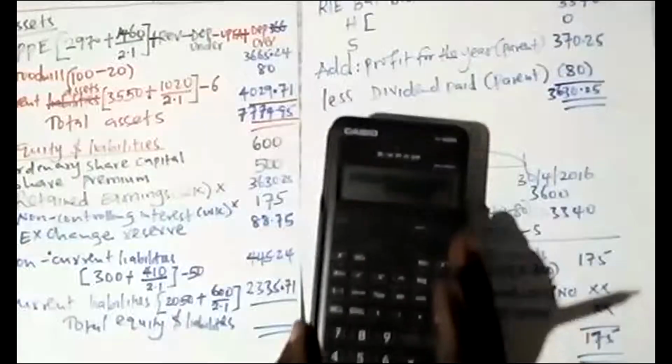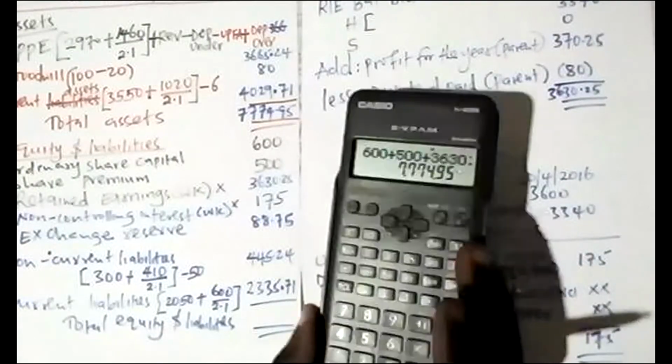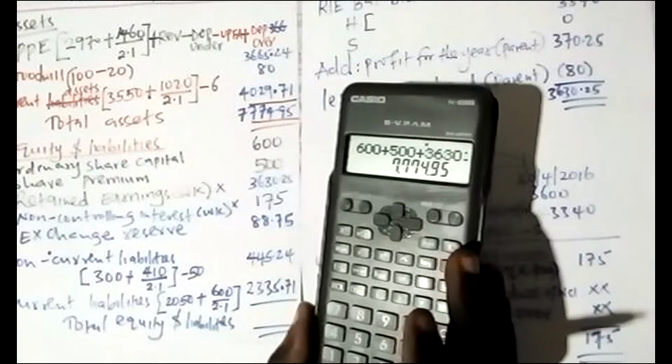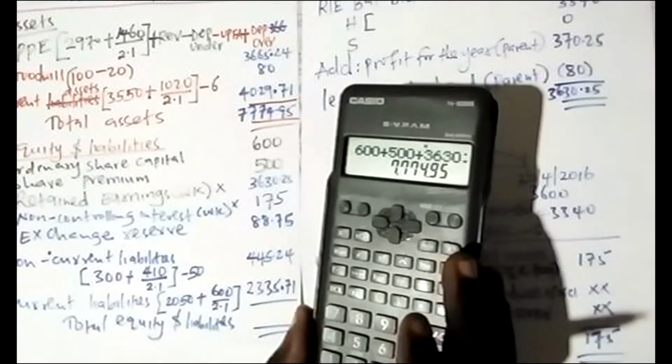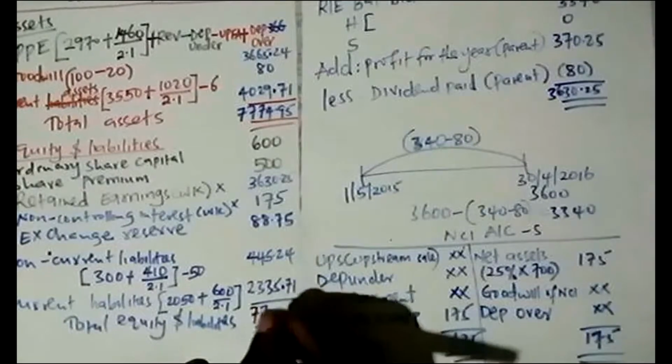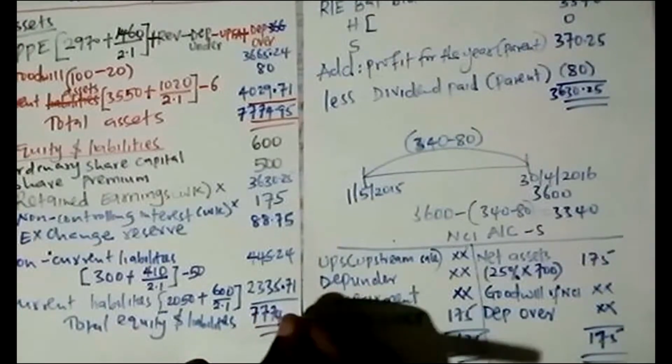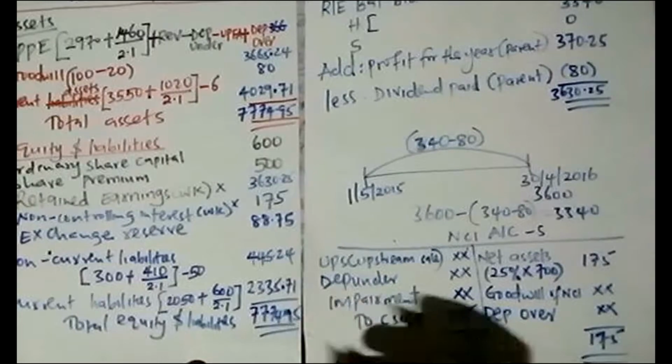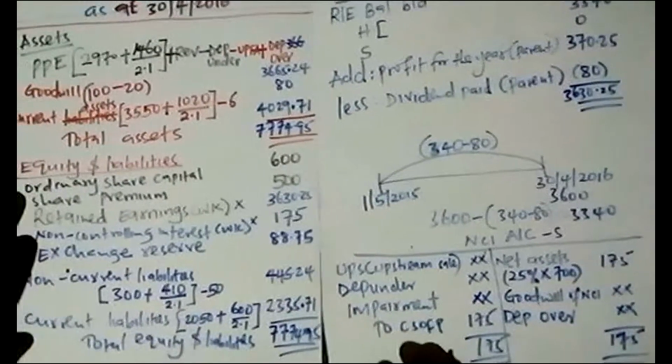You can see it's becoming the same as the one we have for the assets, 74.95. And that is the end of this question for today.